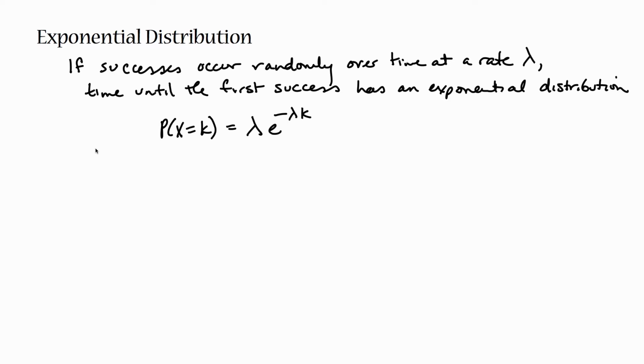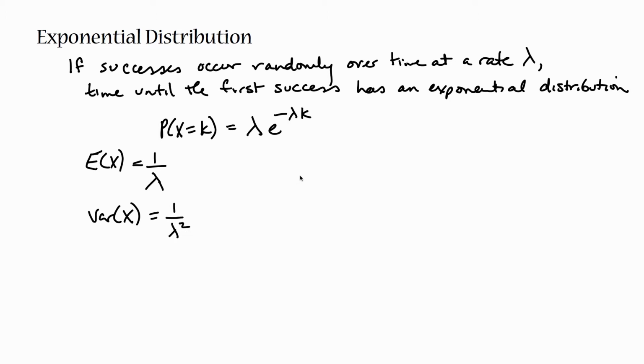And the two important properties of our distribution are its expected value and its variance. The expected value of an exponentially distributed random variable x is going to be 1 over lambda, and the variance is going to be 1 over lambda squared.